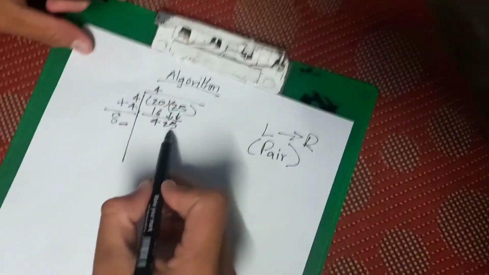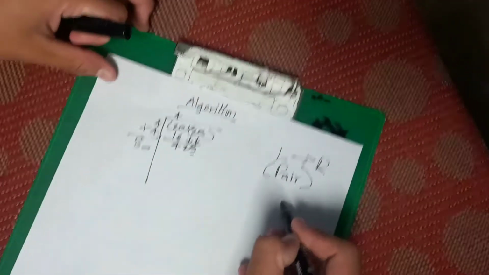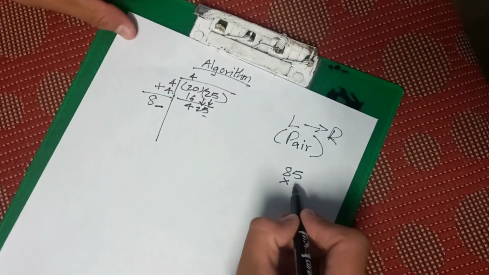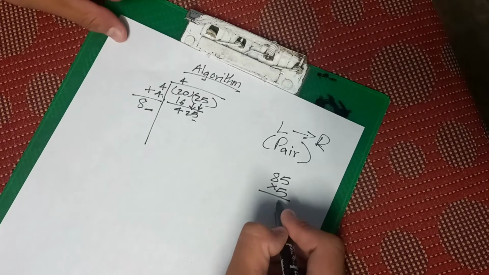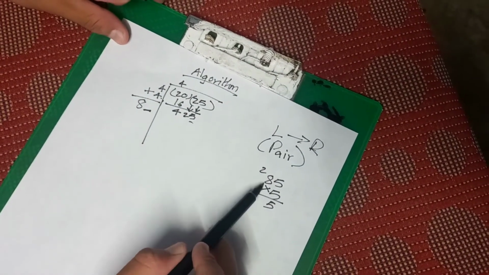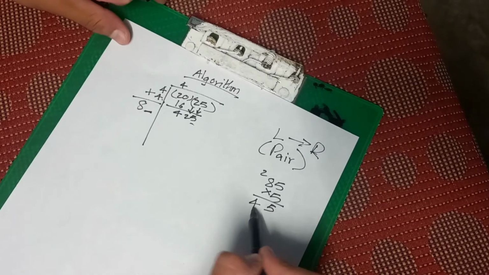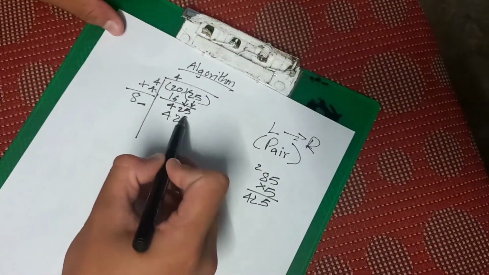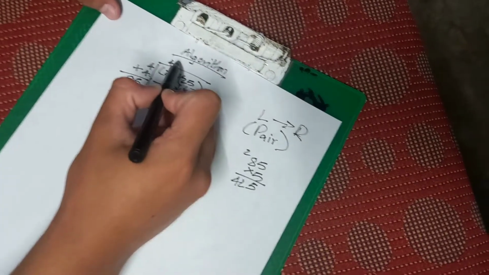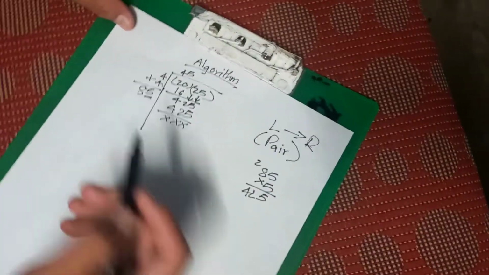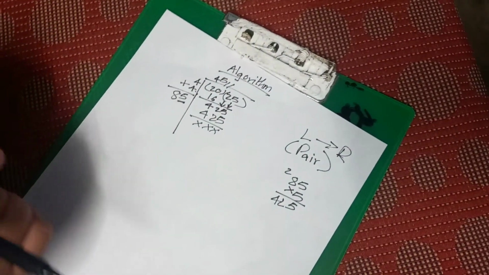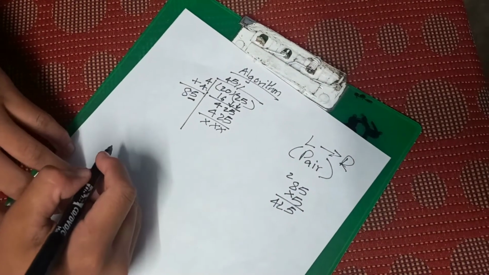So 85 times 5 is 425, meaning 5 over here, and 2 carried, and the next step gives 42. The answer is 45.